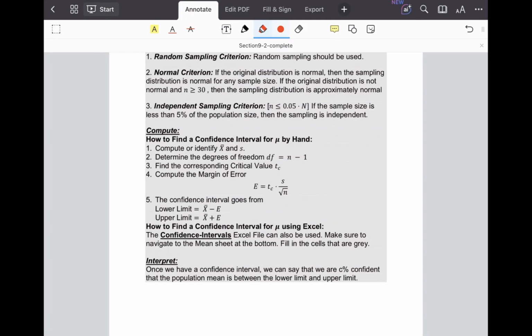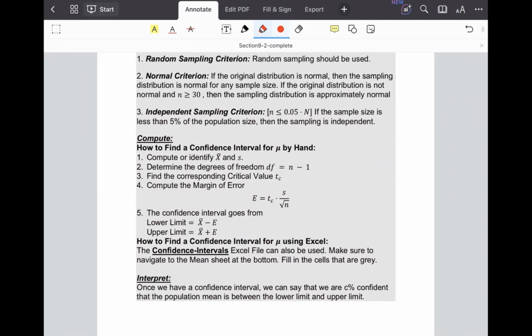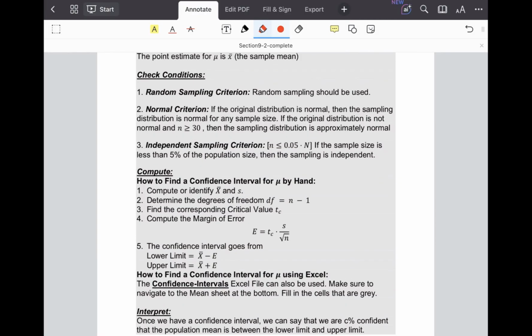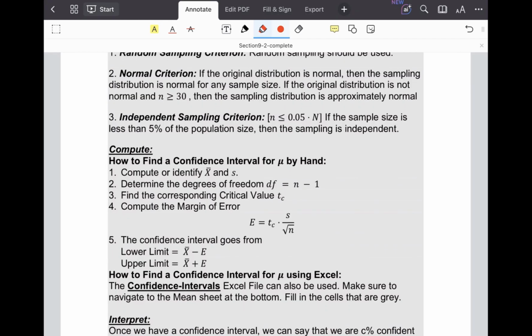For the computing by hand, sometimes this is a little bit more of a process because you have to compute the mean and the standard deviation, and we know, especially with the standard deviation, that's very time consuming if you do it by hand. So I don't want you to do these things by hand. I just want you to use the technology. If you ever have to, you have reference to these notes, and you can say, oh, okay, now I have to do this by hand, and it's going to be a little bit of a pain.